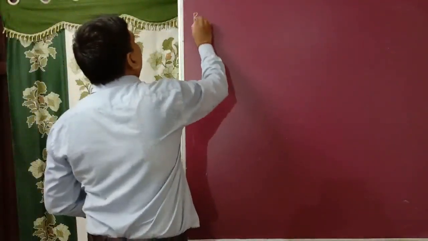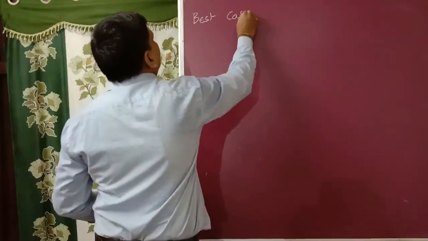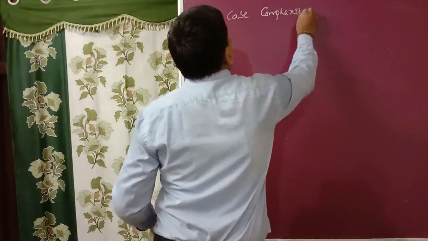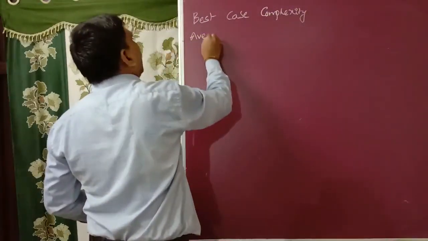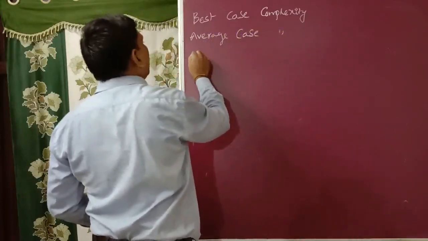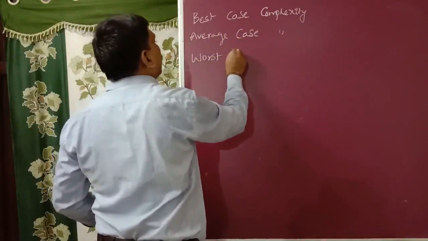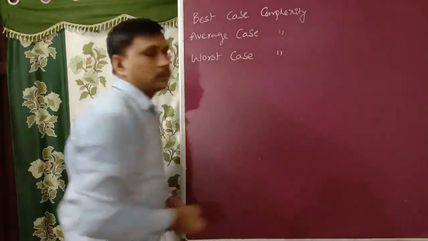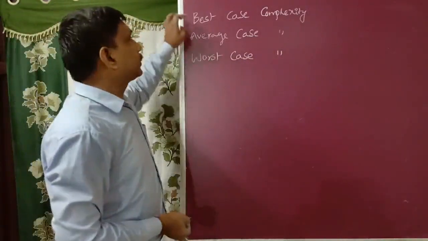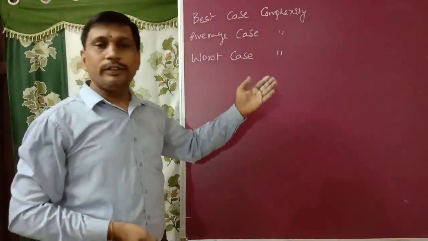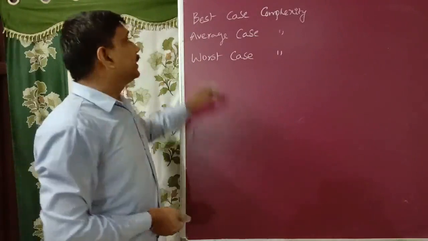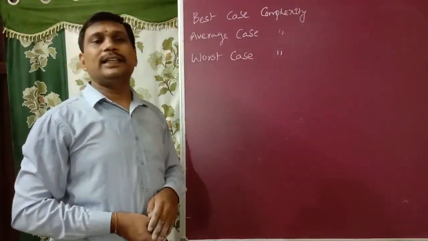Based on the length of the input size, we finally conclude three types: best case complexity, average case complexity, and finally worst case complexity. So depending on the input size, we decide these three factors.